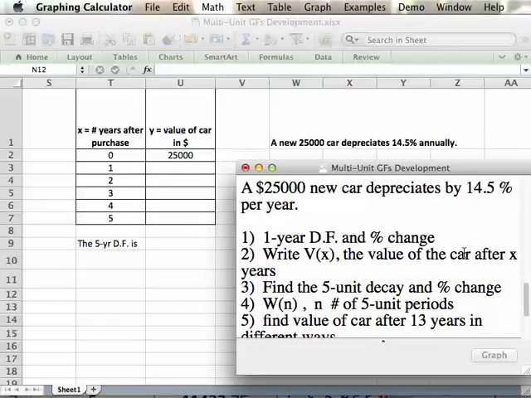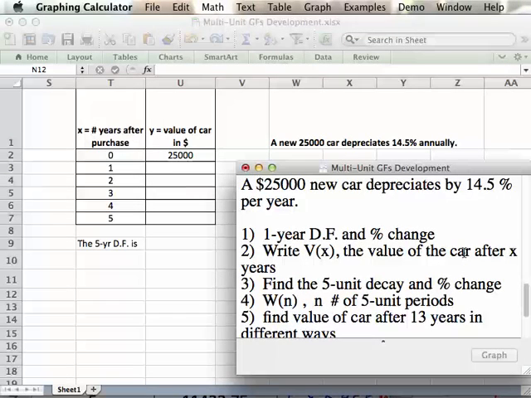So you've got some work to do here. Find the 1-year decay factor and percent change. Write V of x, the value of the car after x years. Find the 5-unit decay percent change. And write W of n, where n is the number of 5-unit periods.